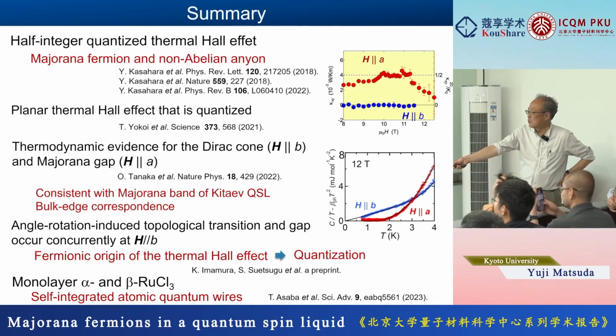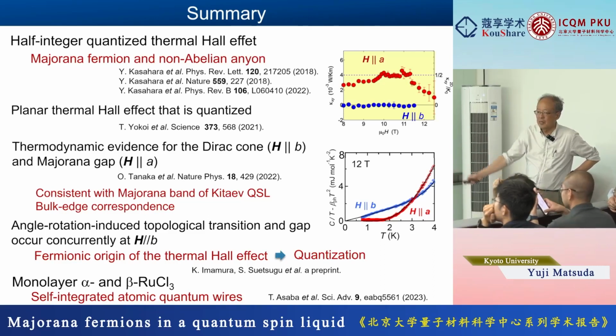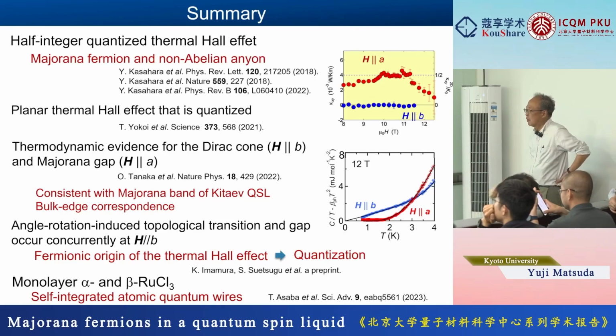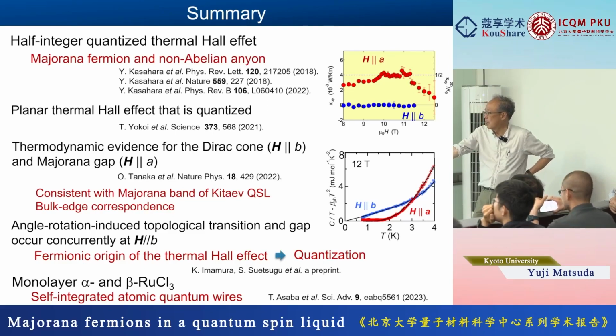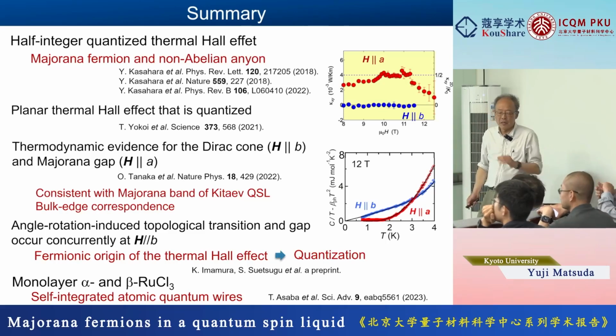If we accept this conclusion, quantization must occur in this compound. I also showed the result of the recent STM measurement on monolayer alpha and beta RuCl3. I showed some evidence for the atomic Turing pattern, which realizes a self-organized atomic quantum wire of the order of 2 nanometers. Okay, thank you very much.